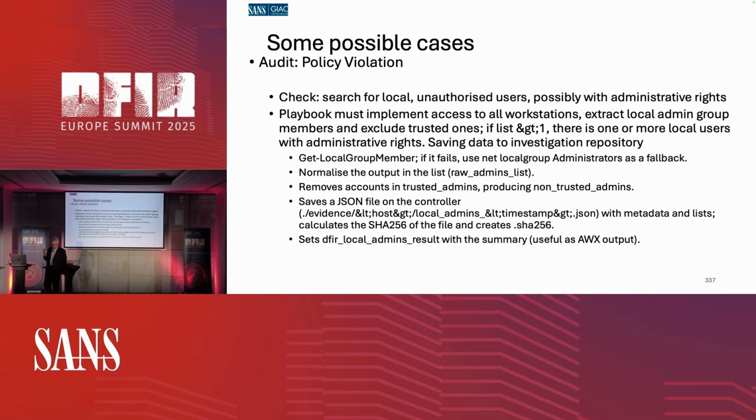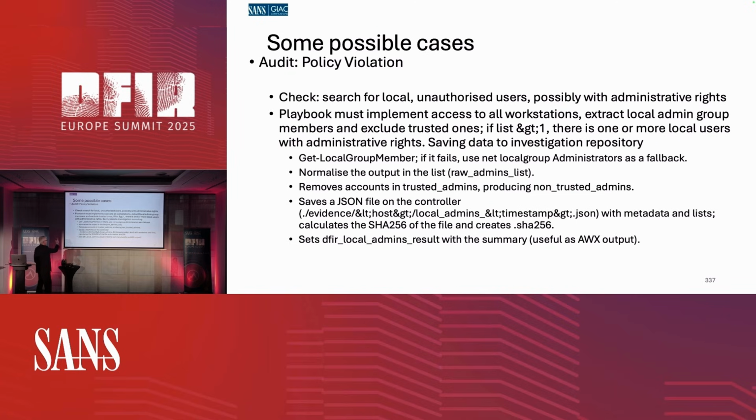If there are one or more local users with administrative rights, save the data to the investigation repository. This is done with an internal command of the playbook. The syntax can be done like this.